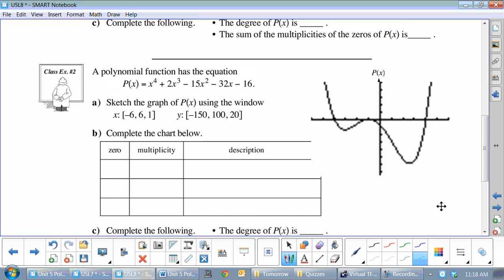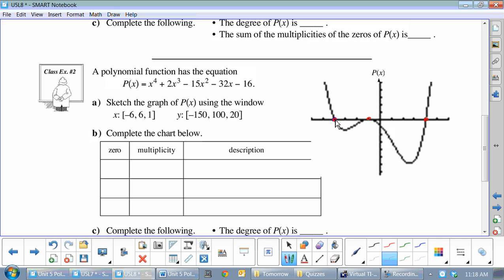Technically, how many will there be? 4, right? Now, again, to people that don't know what's going on, they would say, no, there's only 3 here. Okay? There is this point here. Oops, I'll do it in red. That's 1, 2, 3. Okay? There's only 3 zeros. There's only 3 x-intercepts.